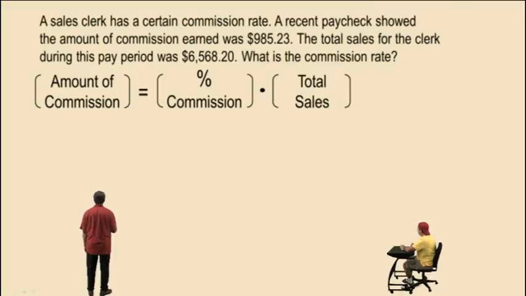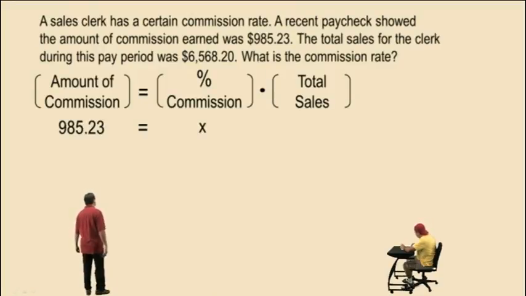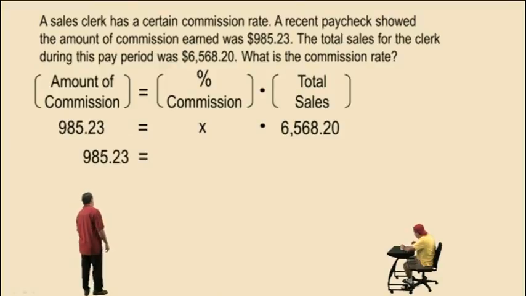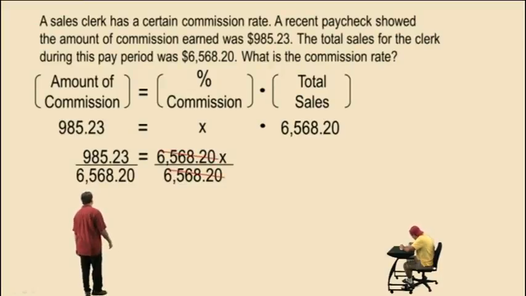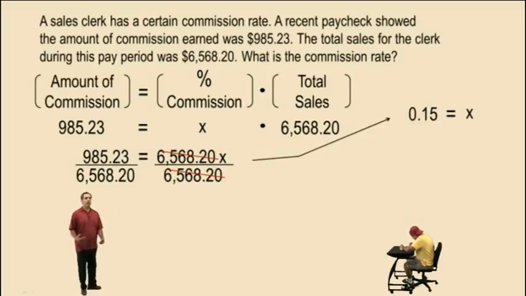The amount of commission was given, that's $985.23. The percent commission is what we are looking for, so we will represent that quantity by X, and the total sales is $6,568.20. So our equation is 985.23 is equal to 6,568.20x. To solve for x, divide both sides by 6,568.20, and you end up with 0.15 for x.